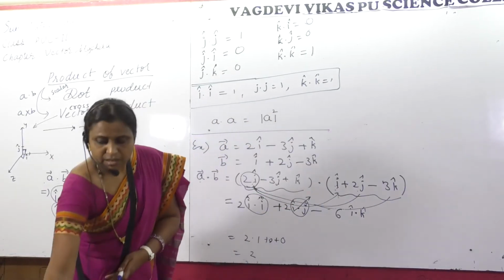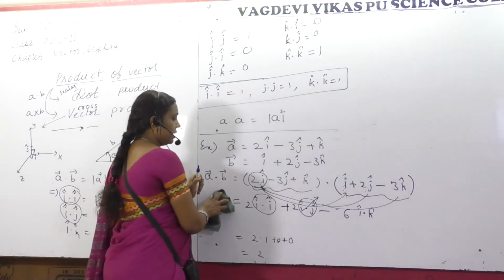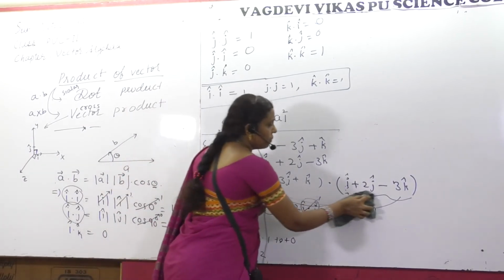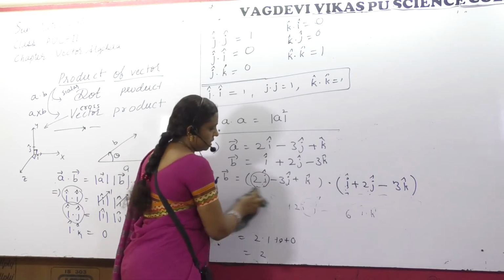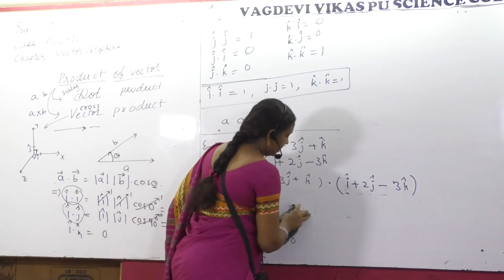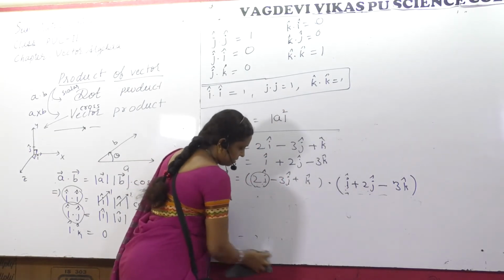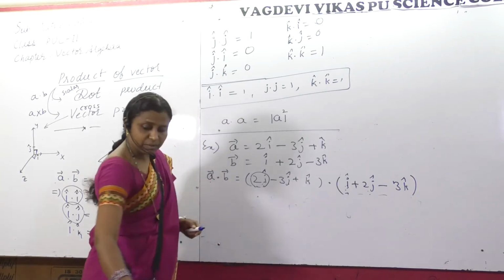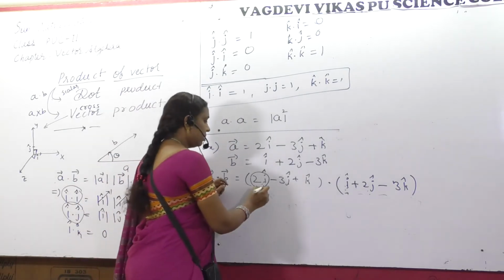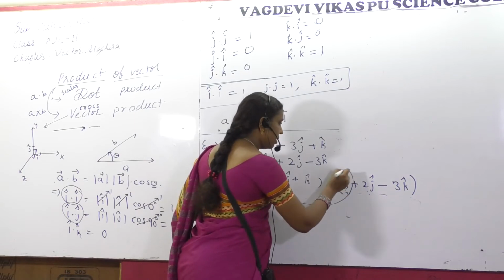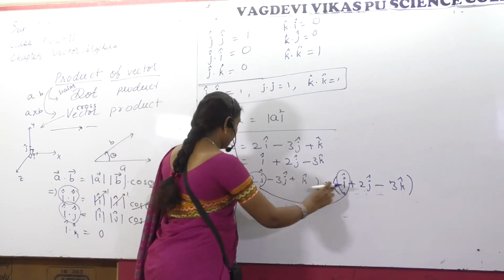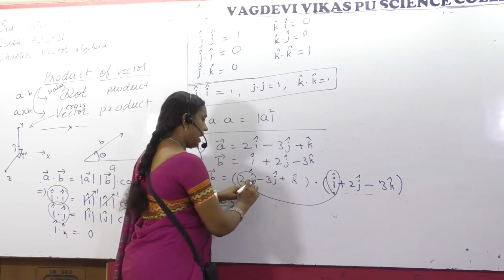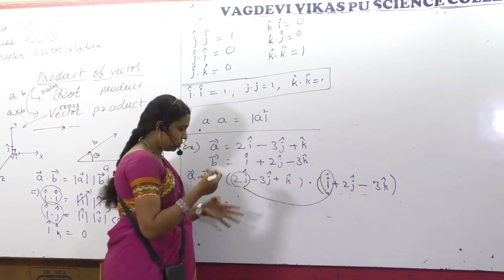So, instead of going into that much detail, what can we do? We can just write the answer directly. Check what the answer will be. I will combine i with i: 2 into 1, that is 2. i dot i is 1, so that I will not write.